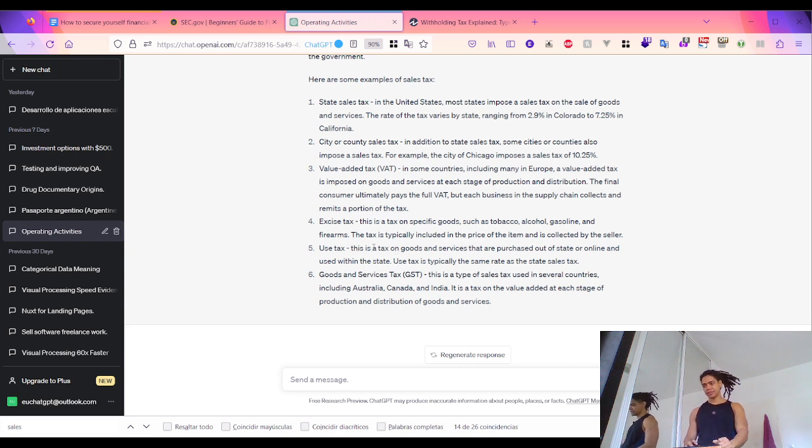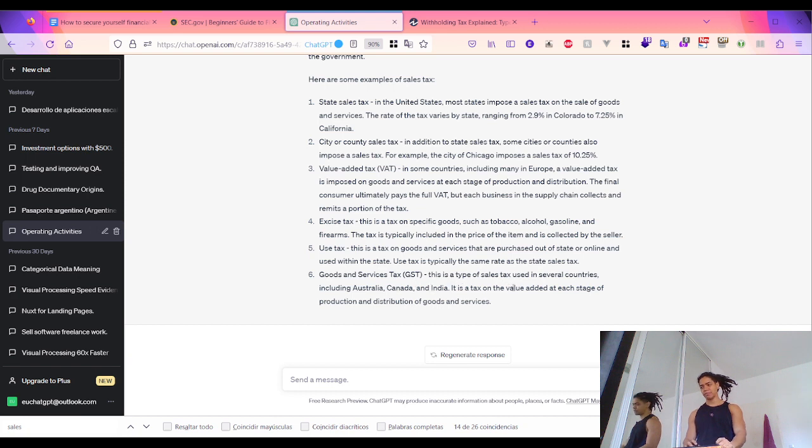Use tax is a tax on goods and services that are purchased out of state or online and used within the state. Use tax is typically the same rate as the state sales tax. Then goods and services tax is a type of sales tax used in several countries, including Australia, Canada, and India.